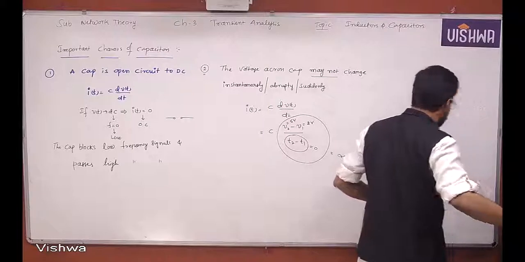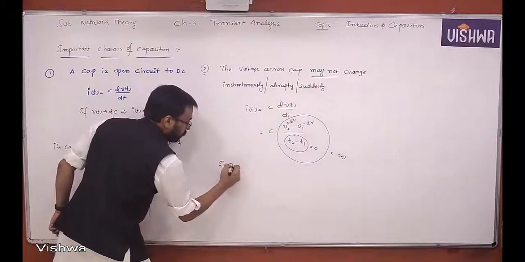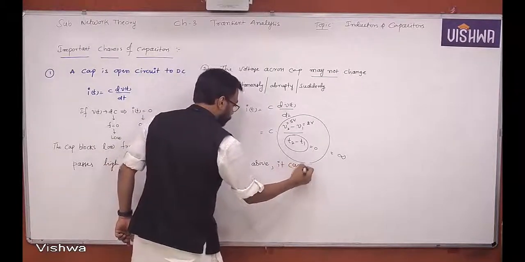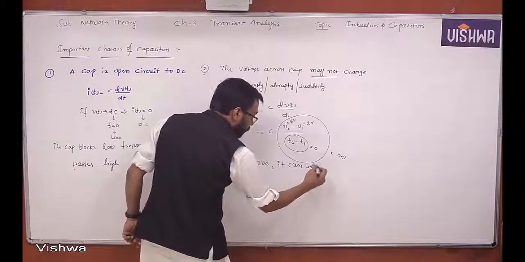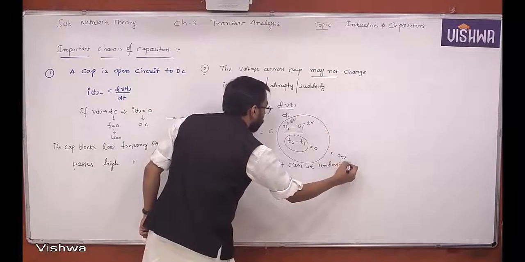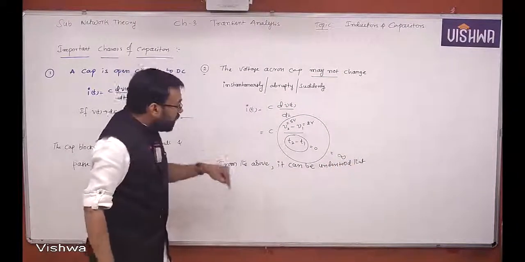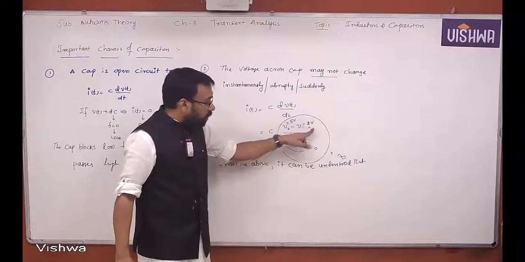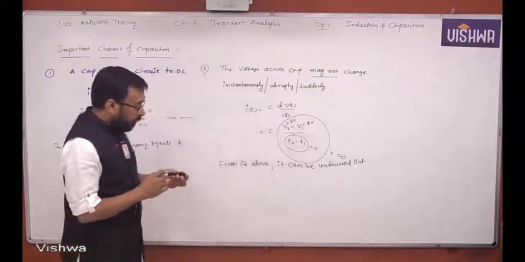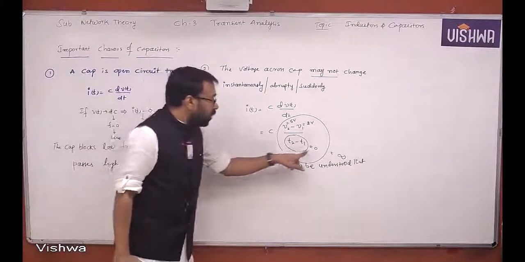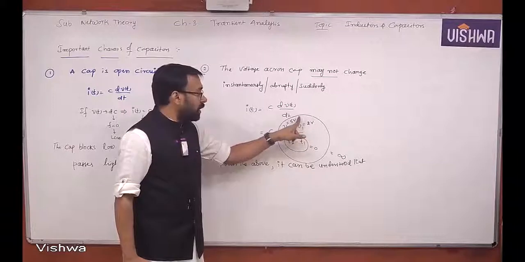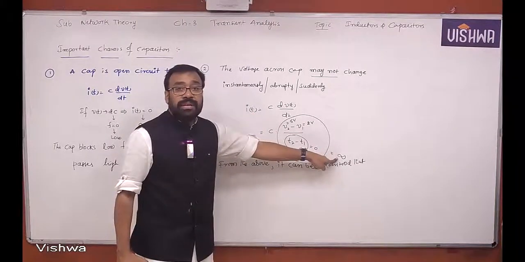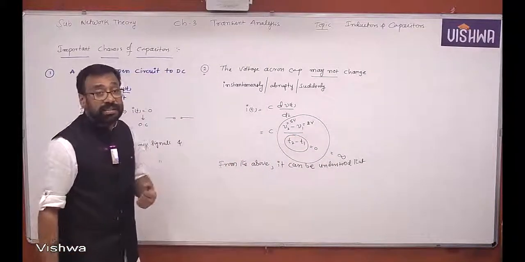It's a very important point. Write this. From the above expression, it can be understood that to change the voltage across a capacitor from one value to other in zero time, the current through the capacitor required is infinite.